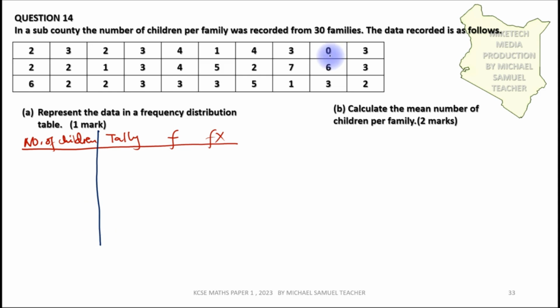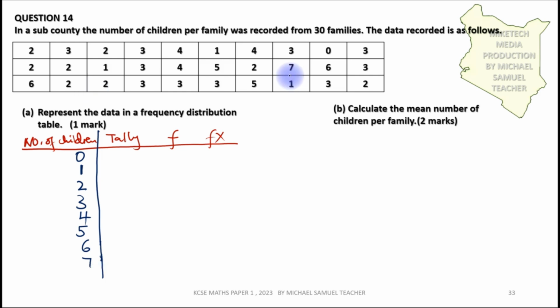So the least number of children is 0, then there is 1, there is 2, you have 3, 4, 5, 6, and 7.